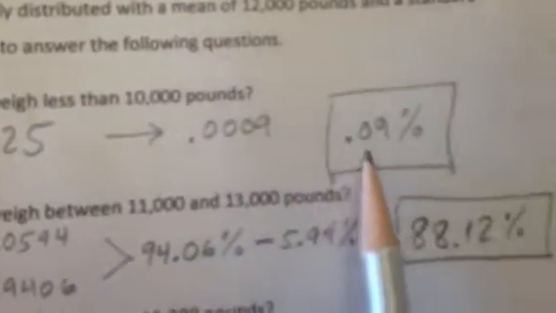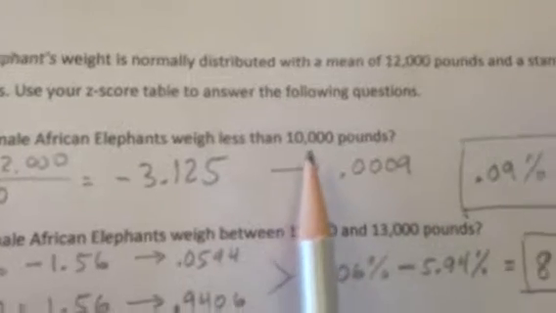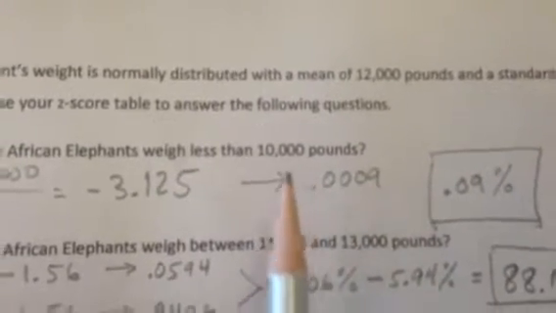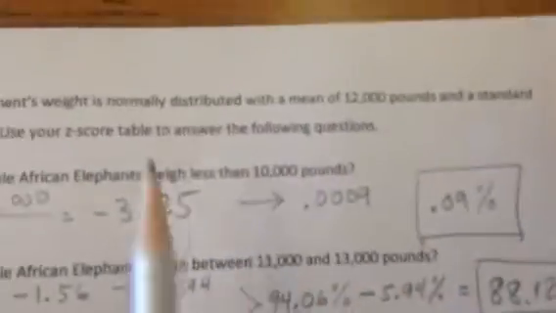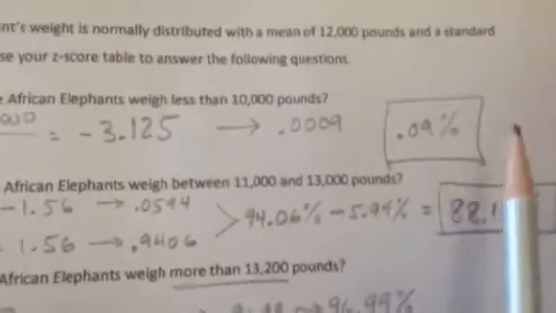And so that is a 0.09% chance. Barely any male elephants weigh less than 10,000 pounds. I don't know if that's really true or not, so don't go to National Geographic and quote me about it. I just made up these standard deviations and numbers. But according to our data, 0.09% of the elephants weigh less than 10,000 pounds.